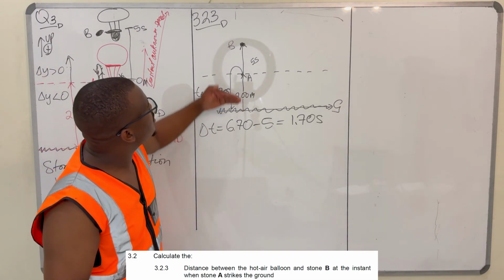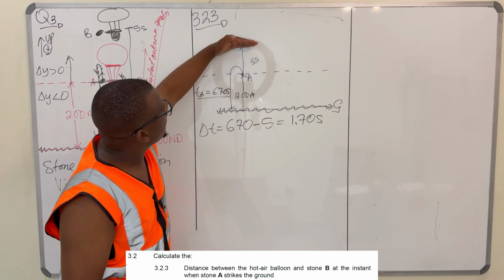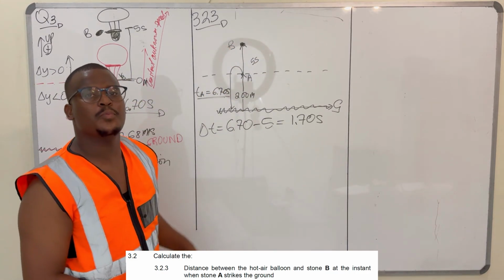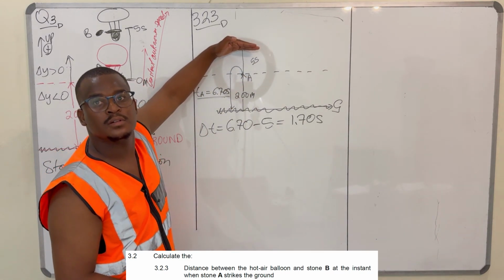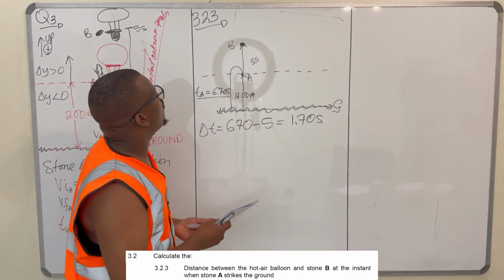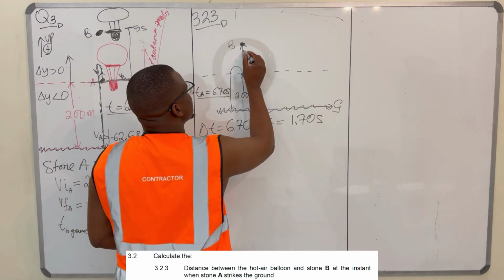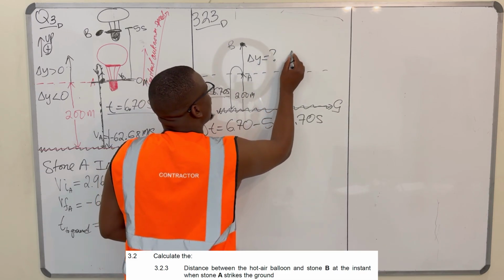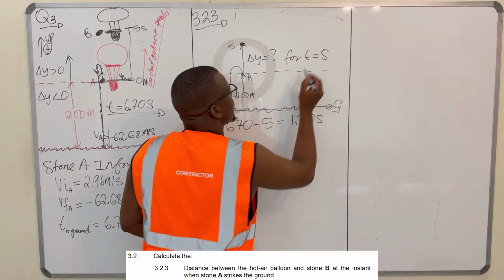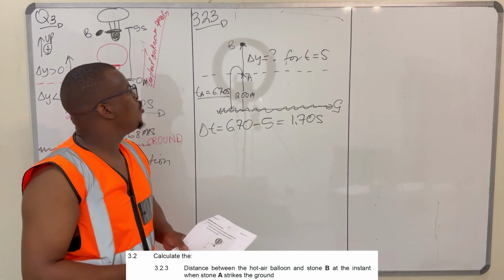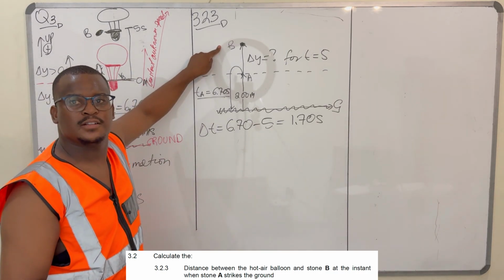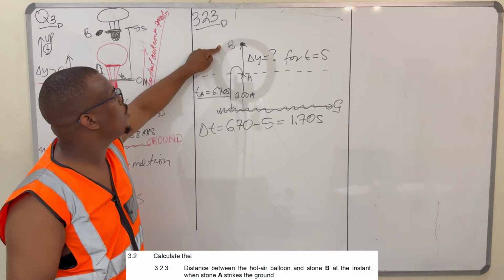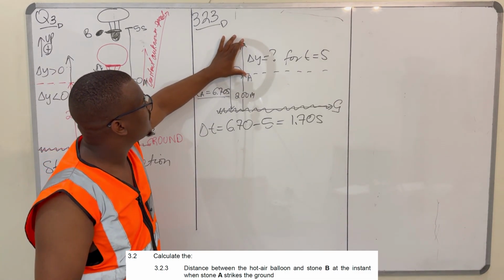So what you need to know is, for this 5 seconds, from A to that point, what is the displacement there, right? So what is this displacement? You need this displacement here for that 5 seconds, right?